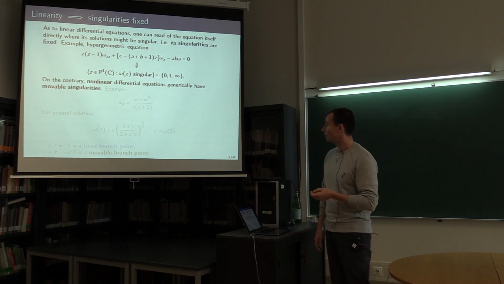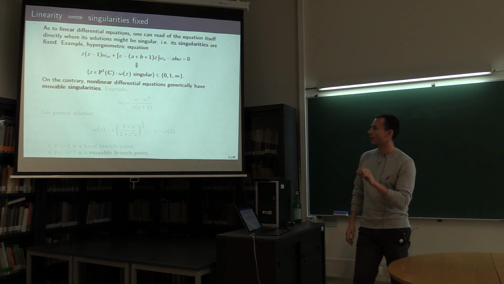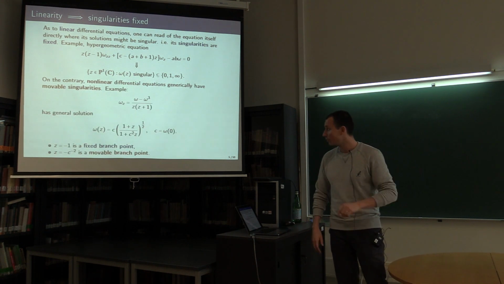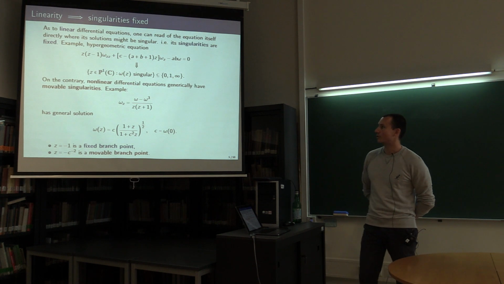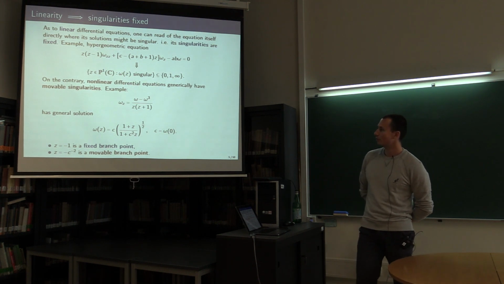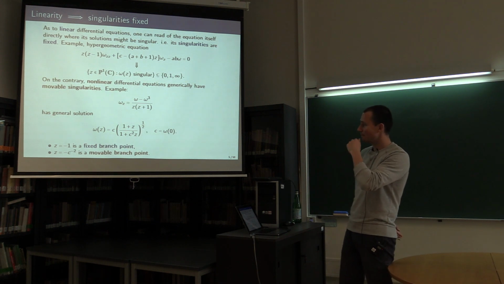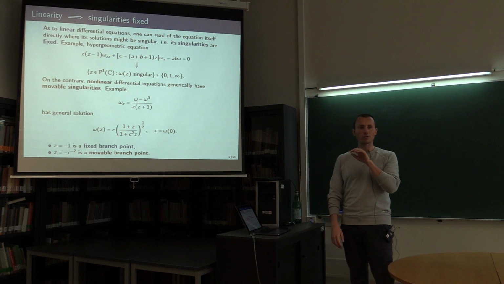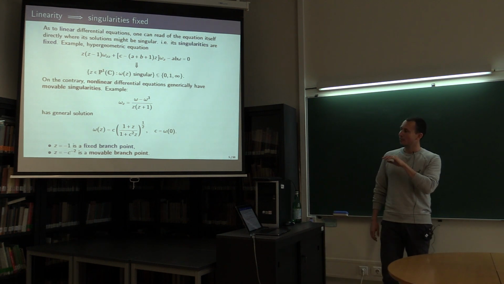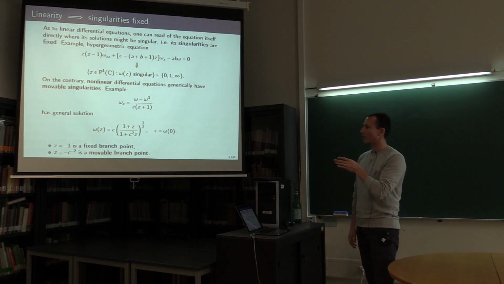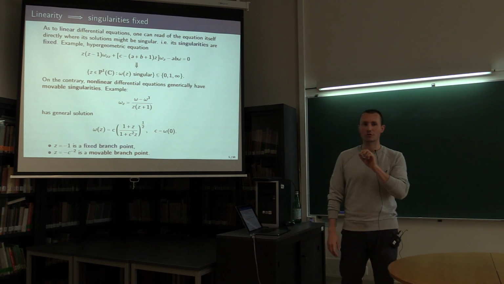But when you look at nonlinear differential equations, then you can have movable singularities. So for example, here we have just a simple first order nonlinear equation. General solution is written over there. And what you see is that z equals minus 1 is a fixed branch point of the equation, but z equals minus c to the minus 2 is a movable branch point. So the location depends on the Cauchy initial data.